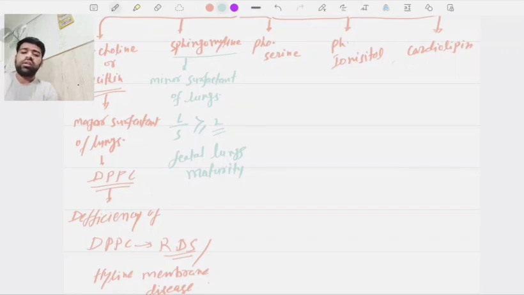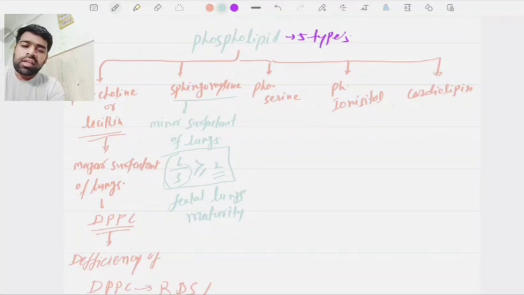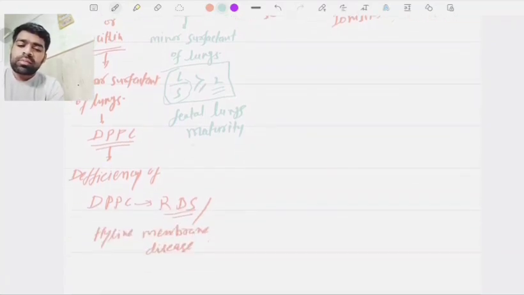And sphingomyelin, here myelin means neuron, is also present in neurons.